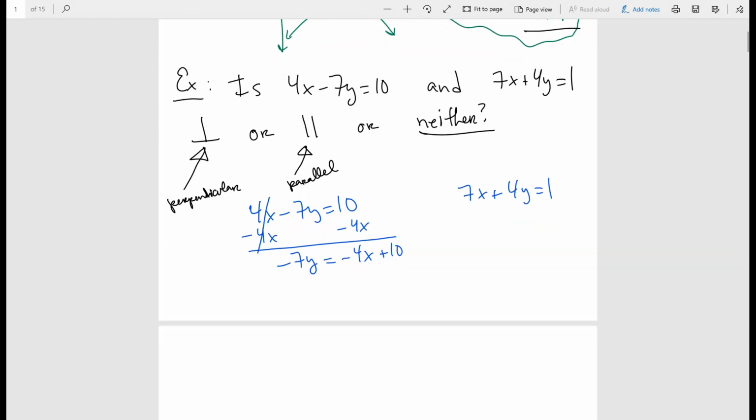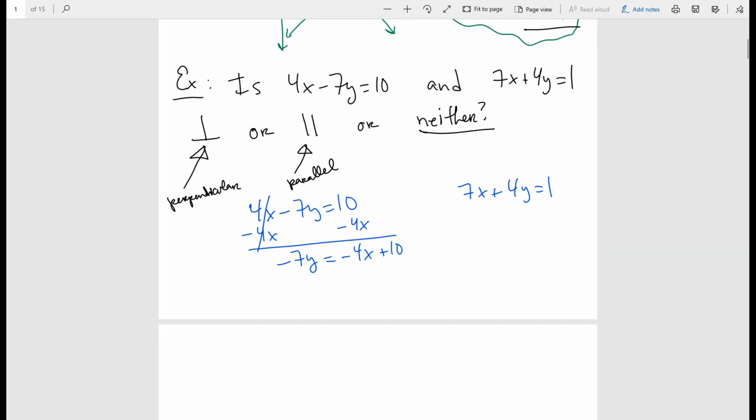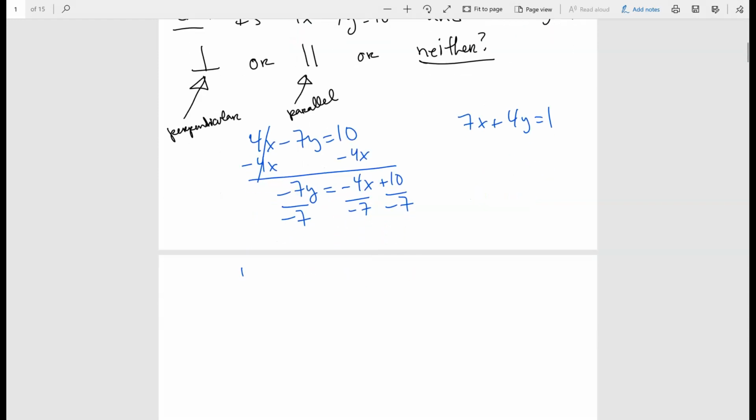What I'm doing is writing it in y equals mx plus b form. So I'm dividing everything by negative 7, and what I'm going to get is y equals positive 4 over 7x minus 10 over 7. So that's this guy.